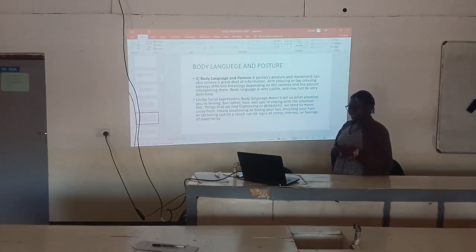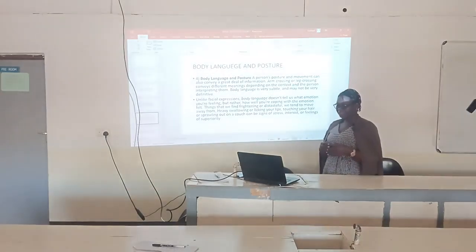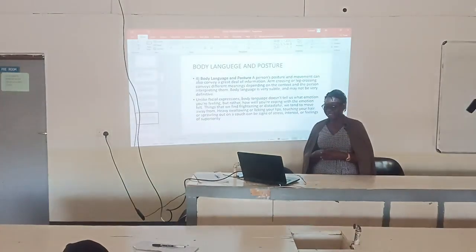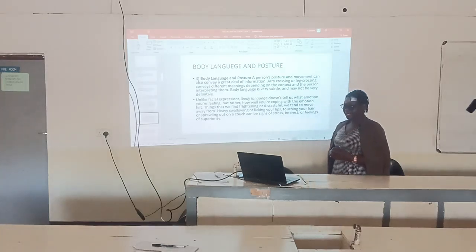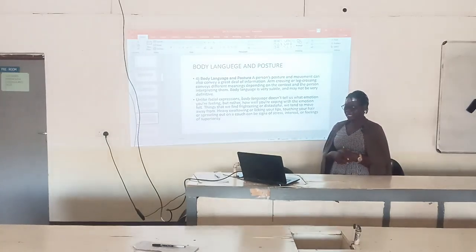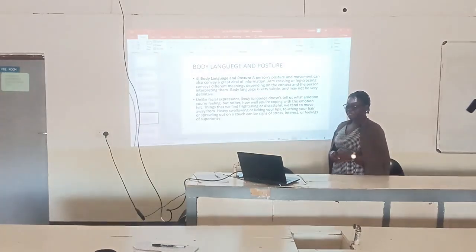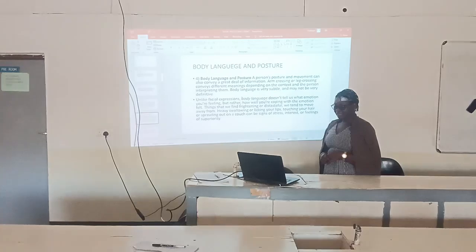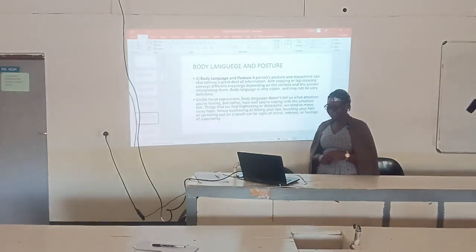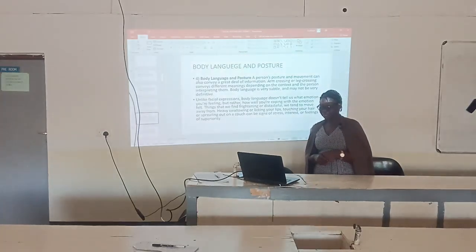This statement is trying to compare body language and facial expression. So it says the body language is there to tell us about our emotions, while the facial expression tells us about our coping emotions.